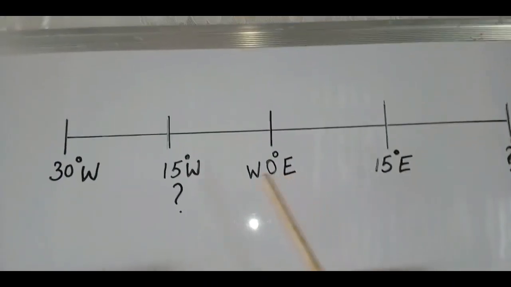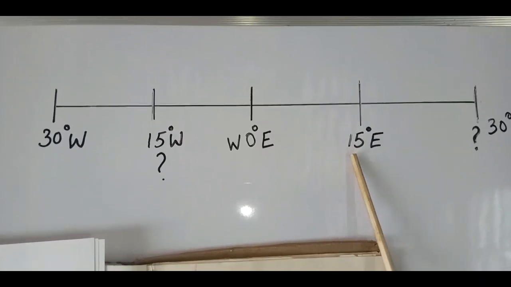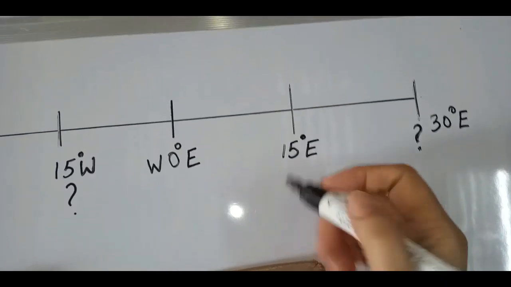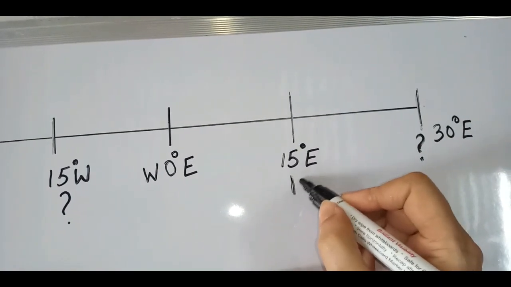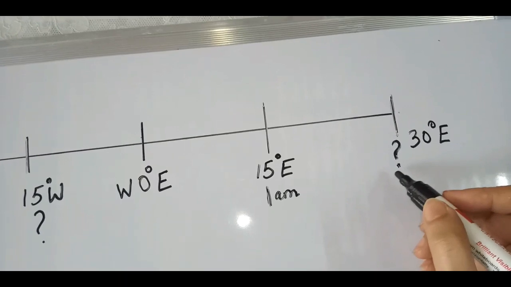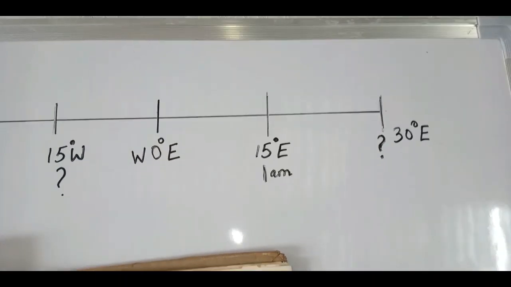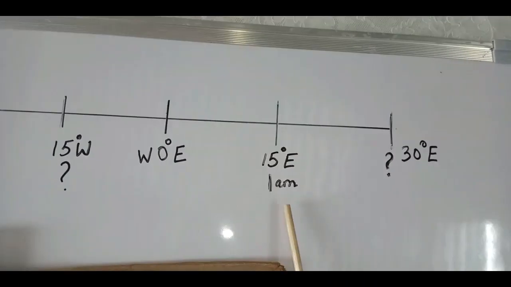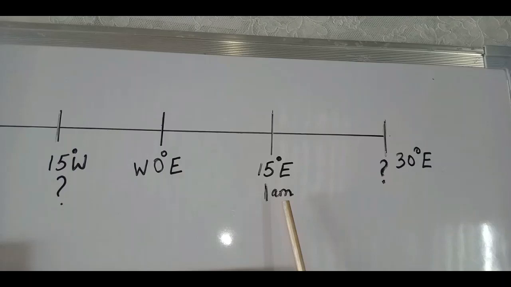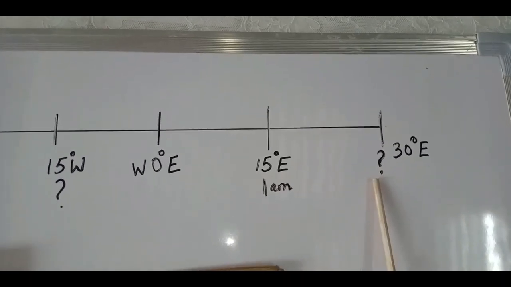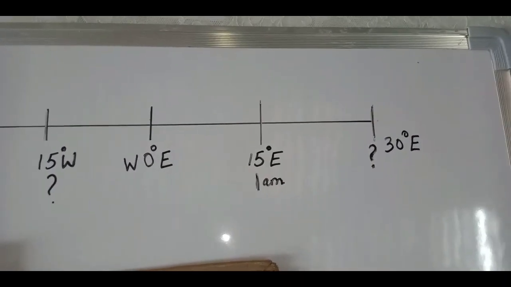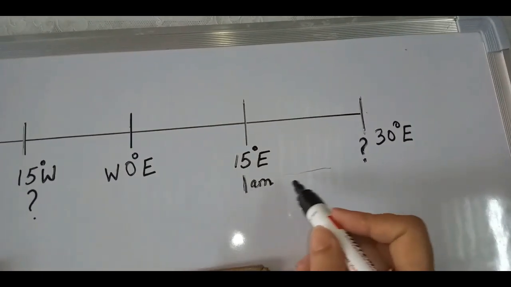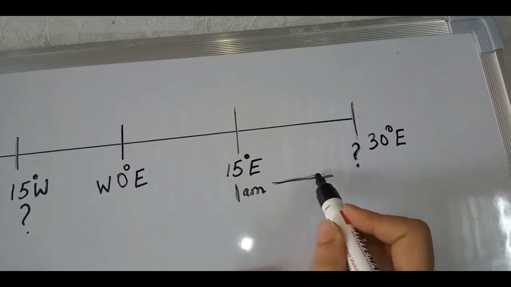For example, here this is 0 degree, 15 degrees, suppose the time is 1 a.m. and we have to know the time of 30 degrees. So after doing the calculation, the first and the second step, we will have to see which side the unknown time is lying. In this case, it is lying towards the east.